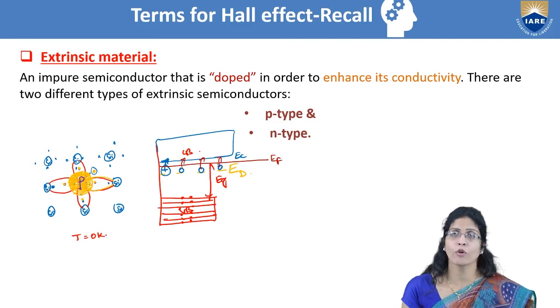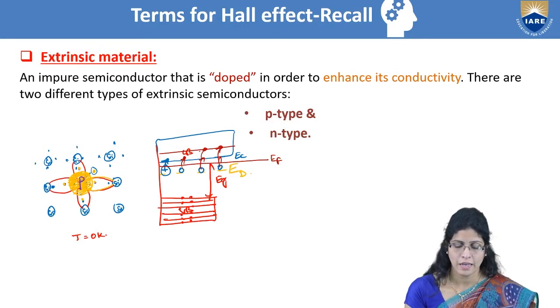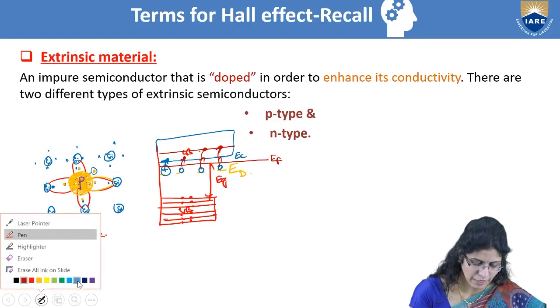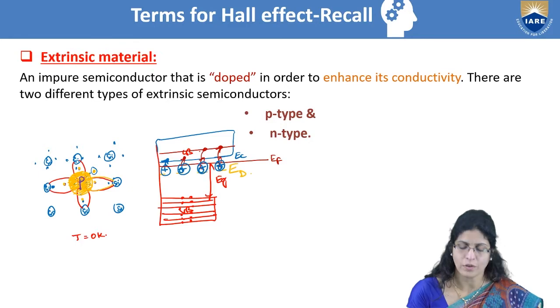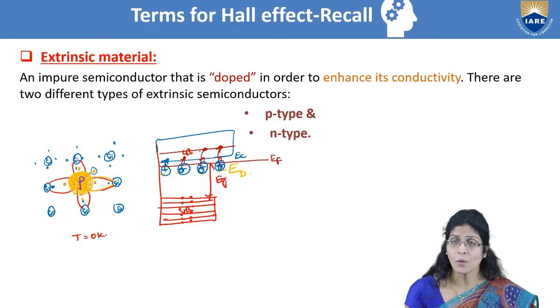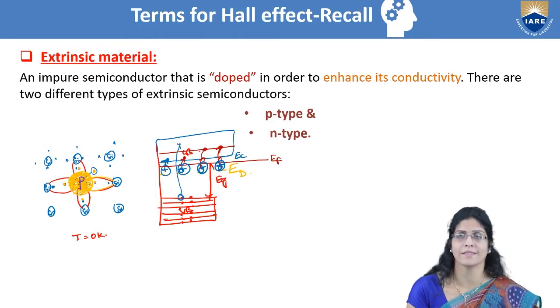Suppose all my four phosphorus atoms which I have added are done, donating their electrons to the conduction band, and all of them have got ionized, positive ions. Now what else will happen as you still raise the temperature? Now comes the turn for electrons in the valence band to go, leaving a hole here.